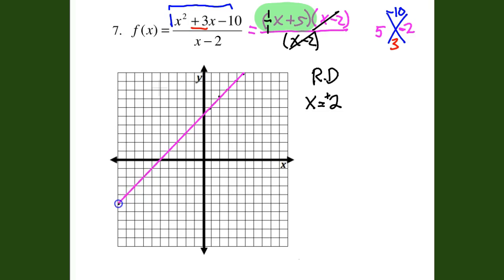There we go. And we have a discontinuity at 2 right here. So that'd make it right there. So just had to know this one part for the back side here, how to factor.